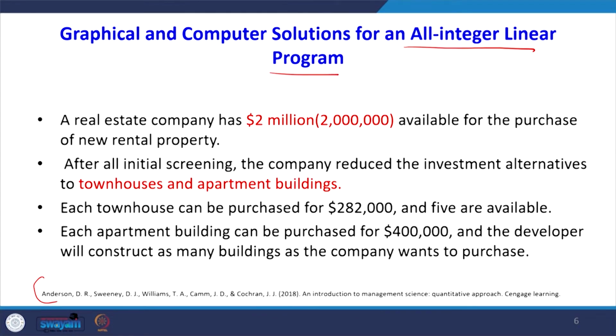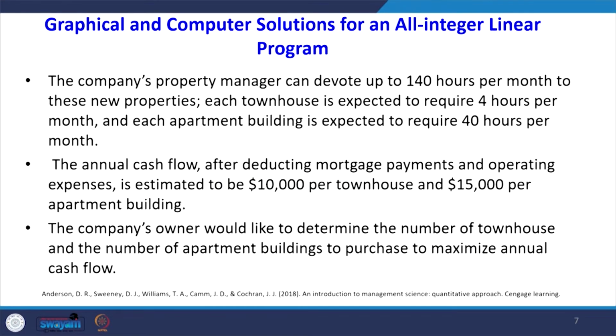Each townhouse can be purchased for $282,000, and each apartment building can be purchased for $400,000, and the developer will construct as many buildings as the company wants to purchase. The company's property managers can devote up to 140 hours per month to these new properties.